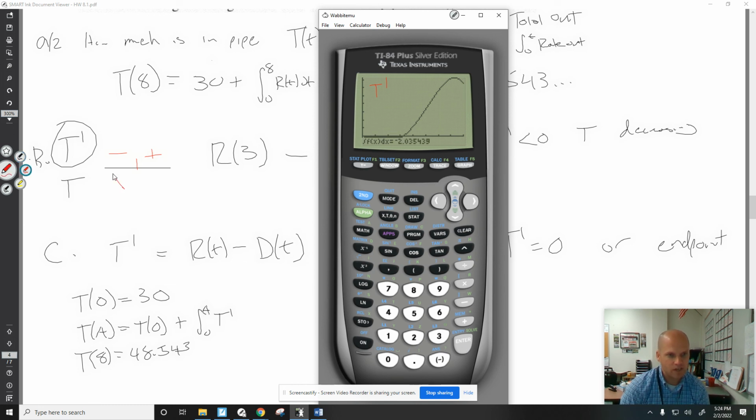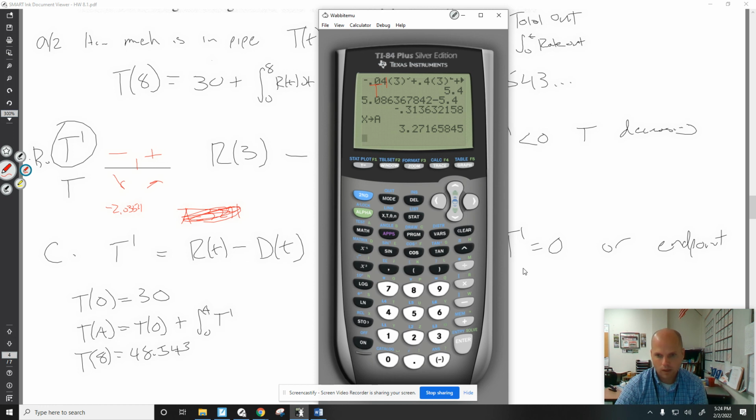T is decreasing then increasing until I should have written that number. But negative 2, that's how much I'm going down. I'm going down 2.354. Not much. Take that answer, 3.271. I have to write that down. A equals 3.2716584.